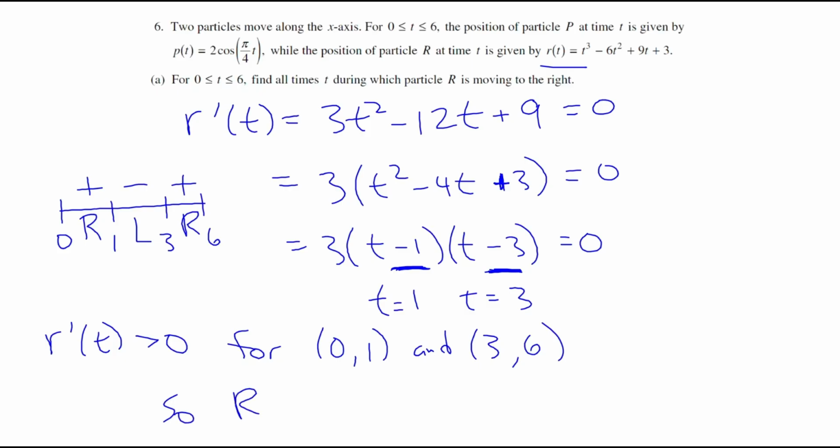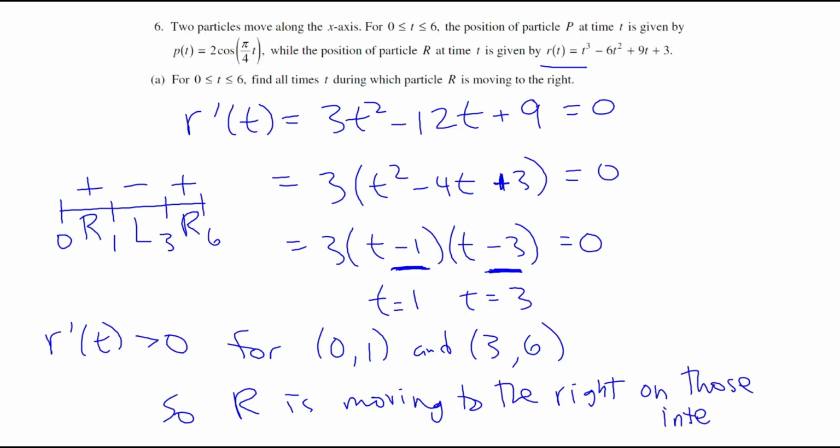So r is moving to the right on those intervals. And they gave you 2 points for this, one for correctly finding r prime and one for the answer with the reason.